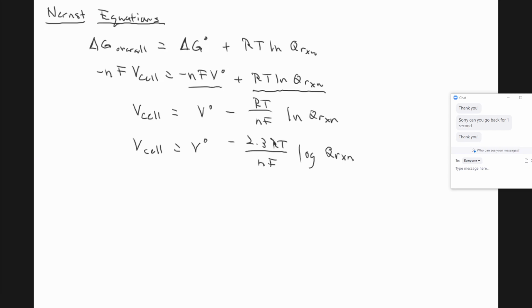Since we know R is the universal gas constant, T is your standard room temp, and F is your Faraday's constant, if we plug in for all those numbers, the voltage of the cell is equal to the standard voltage minus 0.059 all over n times the log of the reaction quotient.